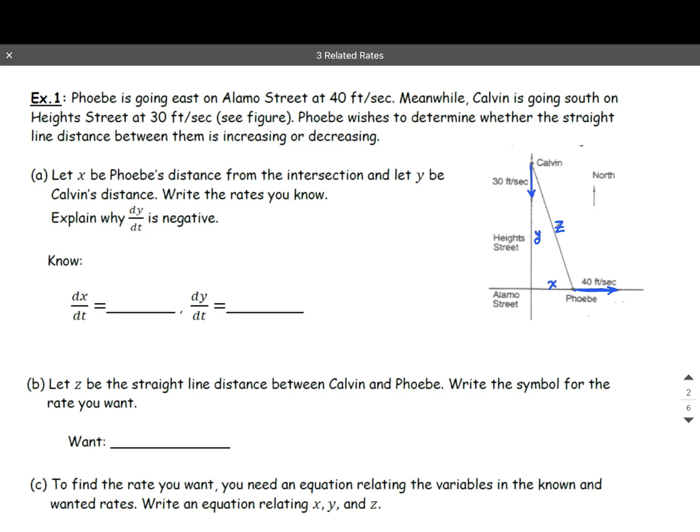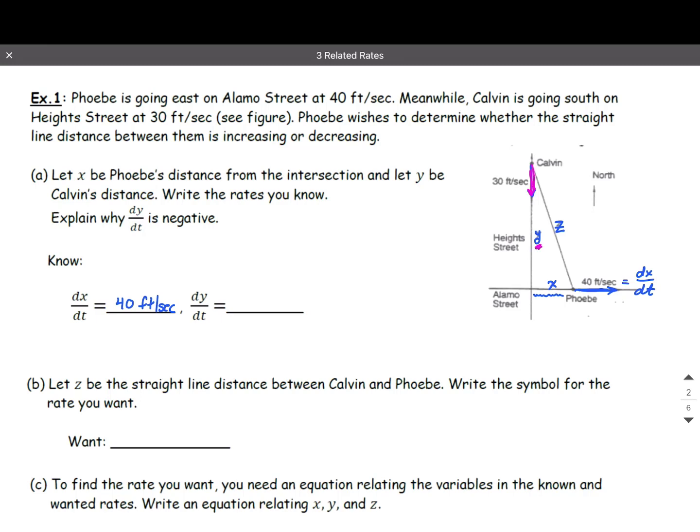So if x is Phoebe's distance from the intersection and y is Calvin's distance, write the rates we know. So dx/dt would be the rate at which Phoebe is walking away from Alamo Street. This distance is getting bigger, it's increasing at 40 feet per second. Now, Calvin, on the other hand, is walking towards the intersection.